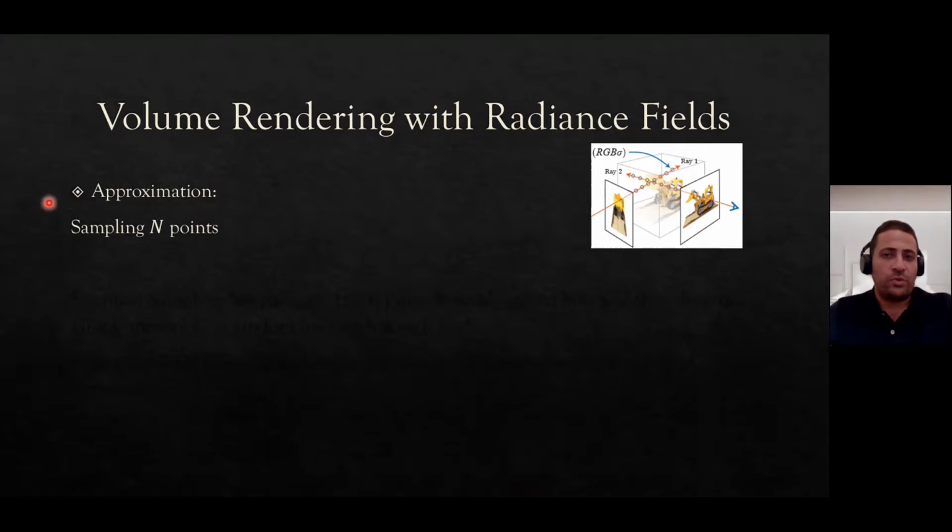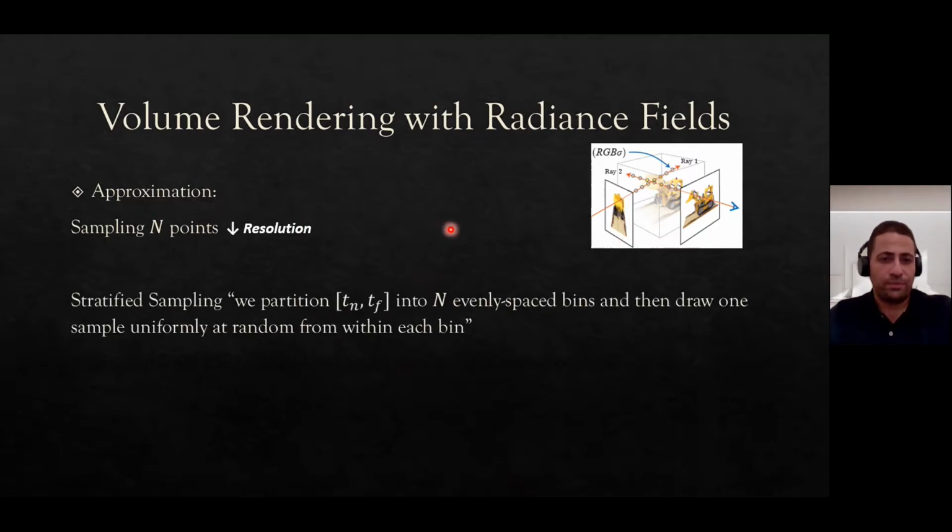So basically, we are just sampling a number n of points along each ray and assessing the function on this output. However, when you think about it, sampling at n intervals would heavily depend on what n is, and it would result in lower resolution of the output images. So to overcome that, they use a method called stratified sampling.